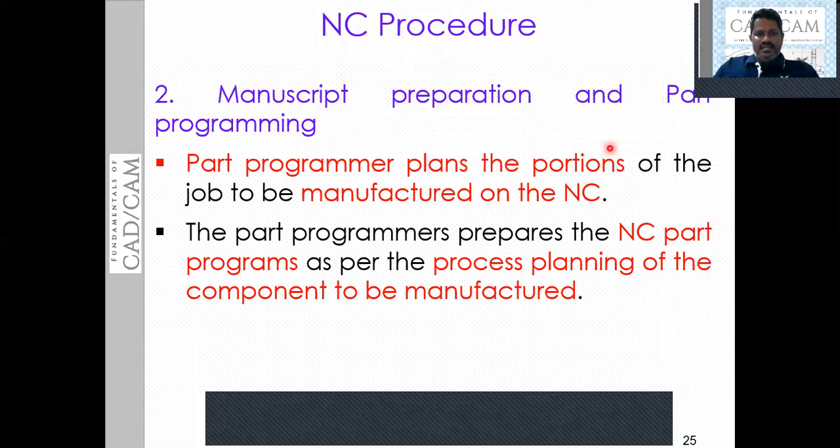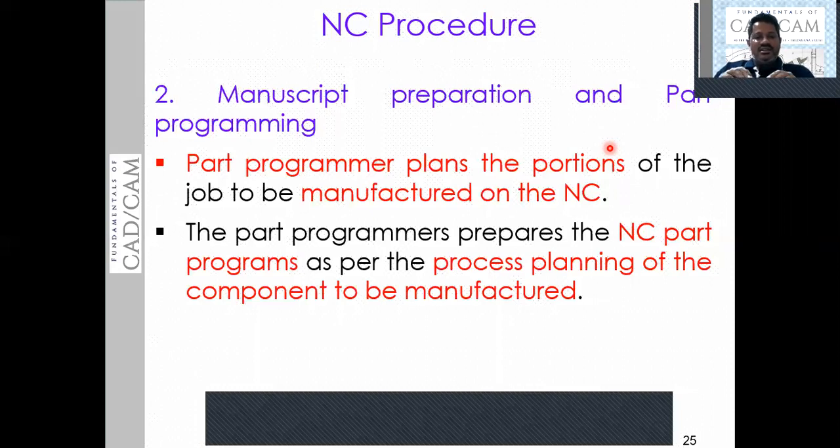Then let us see the next step in the NC procedure: manuscript preparation and planning for the programming. To write the part program, we need one script. That means a rough form of the part program is documented on a script. That is called the manuscript for the part program preparation.